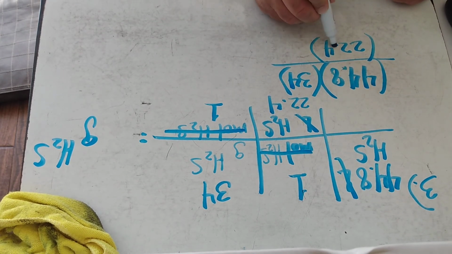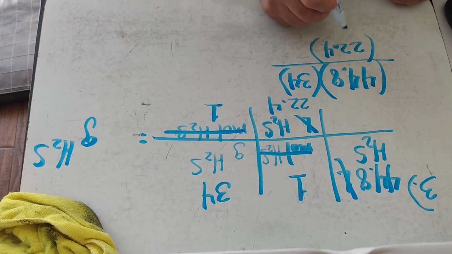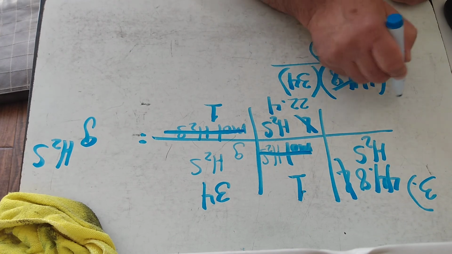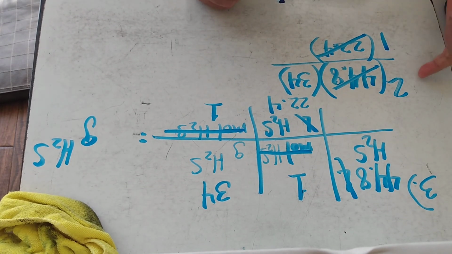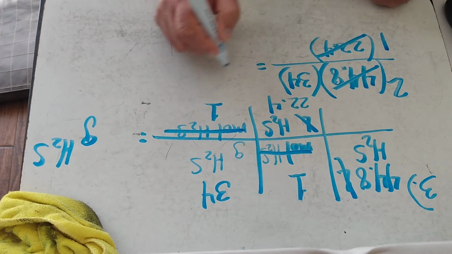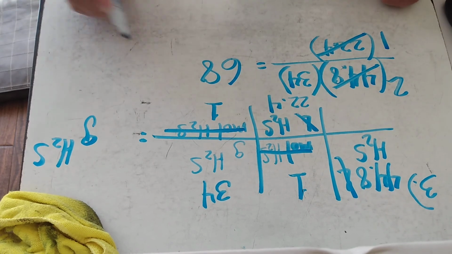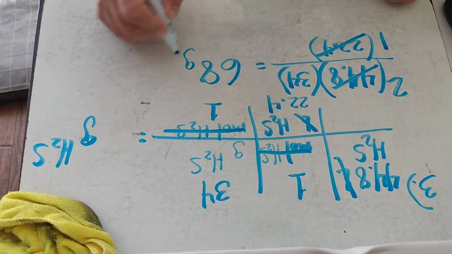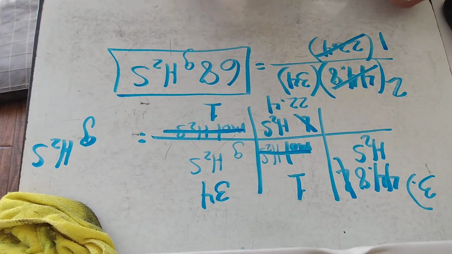Now, we see a relationship here: we have 44 and 22. 22 can go into 44 twice, so we get a 2 and a 1. 2 times 34 is 68. Notice I don't even need a calculator here. Look how fast that is. 68 grams of hydrogen sulfide, and that is how you do problem number 3.